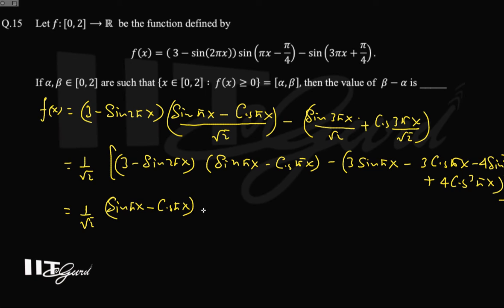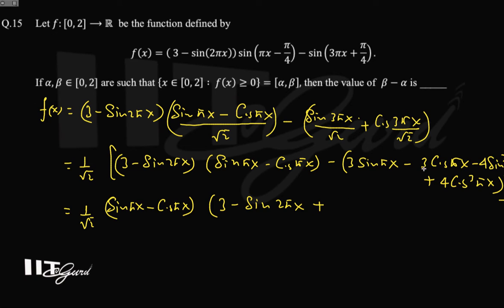And hence, let me write directly: 3 minus sine 2 pi x from here, and the entire bracket is common and is left with 1.